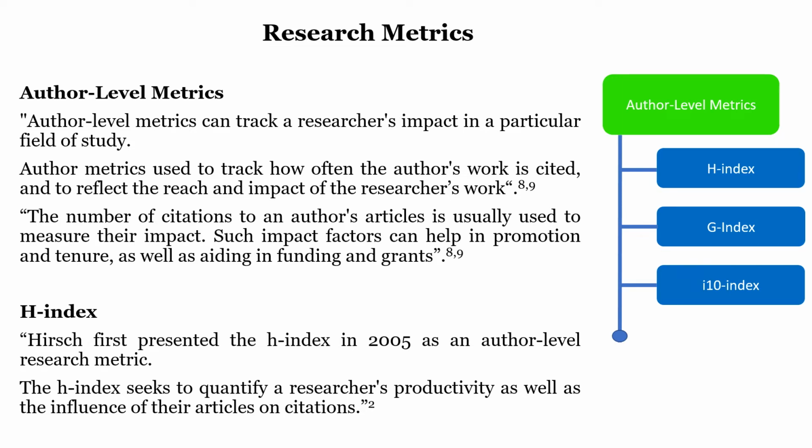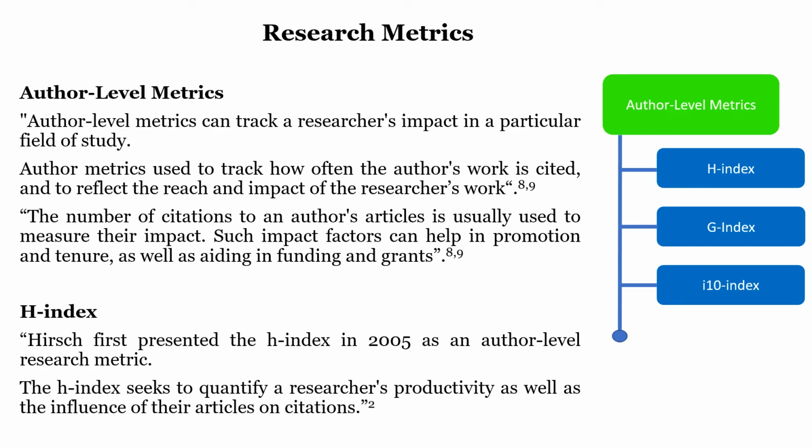The number of citations to an author's article is usually used to measure their impact. Such impact measures can help in promotion and tenure, as well as aiding in funding and grants. So, the author level metrics include three metrics, that is H index, G index, and I10 index. First, we'll take up the H index.